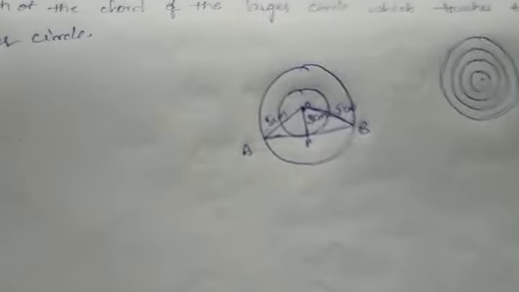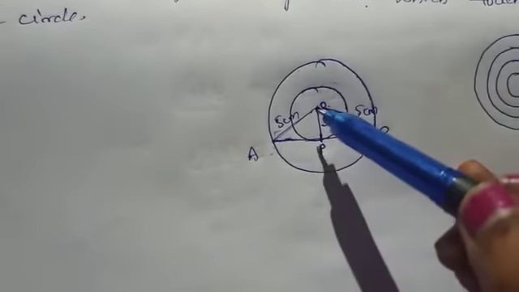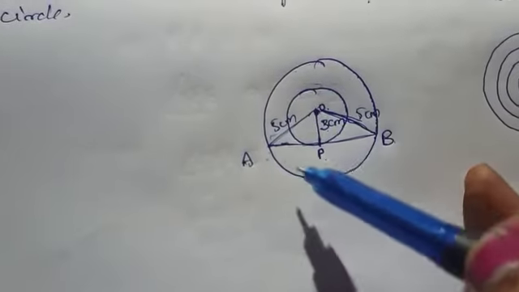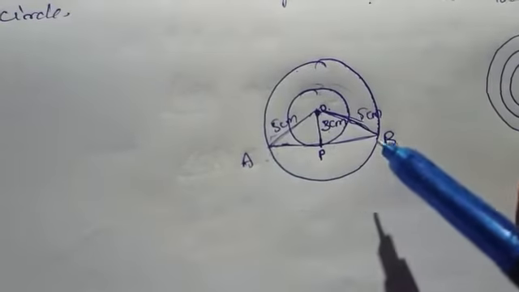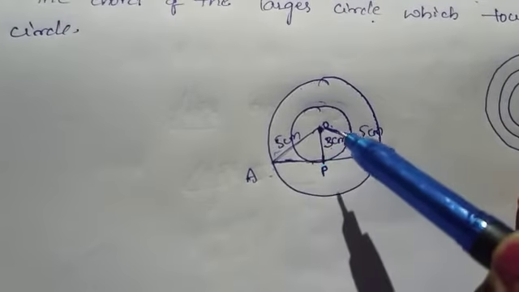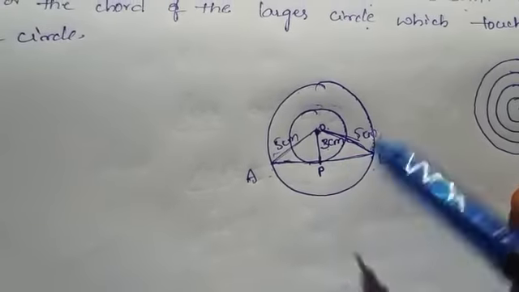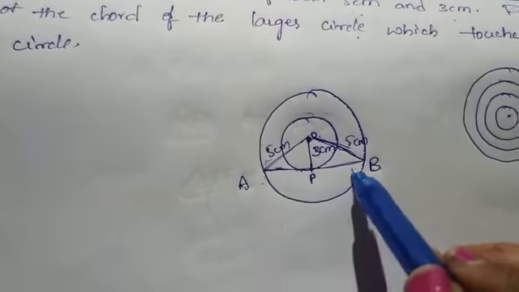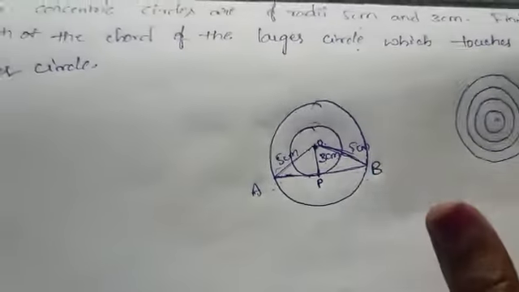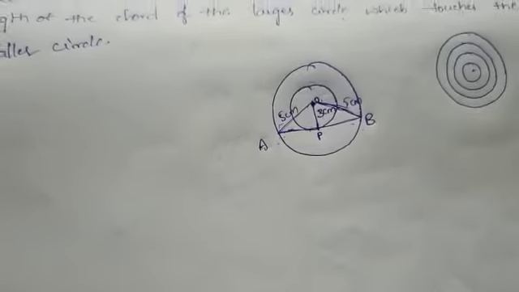See this figure. We know the radii of the smaller circle and larger circle, and AB is the tangent of the smaller circle. Here we need to find AB length. AB is nothing but the chord of the larger circle. This is the given data.